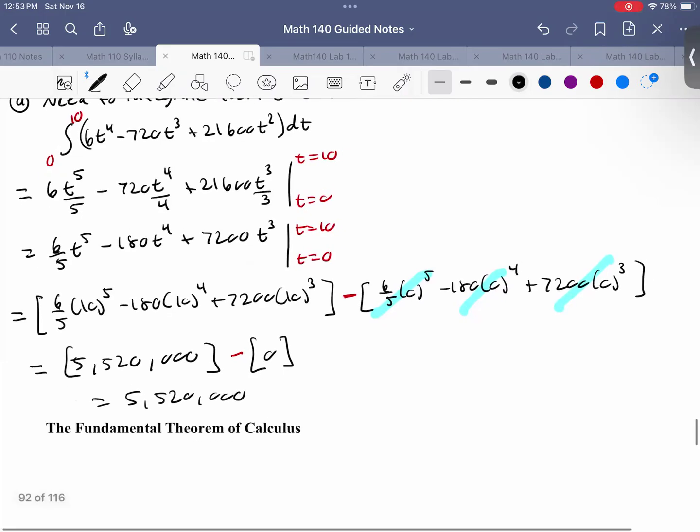That's how we accumulate given a rate of gallons that we extracted.